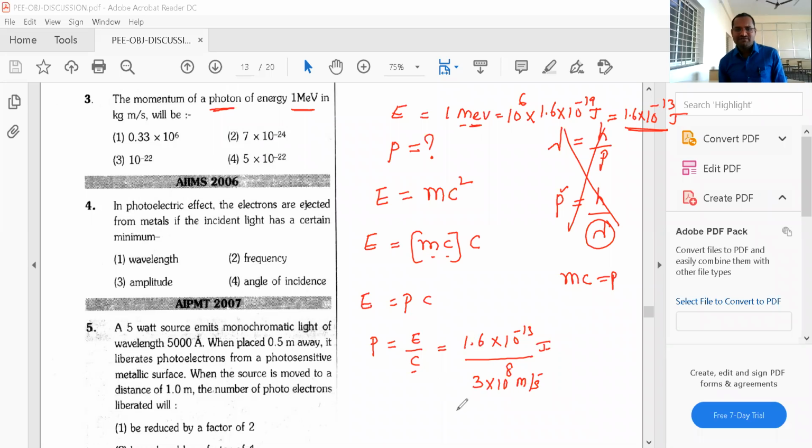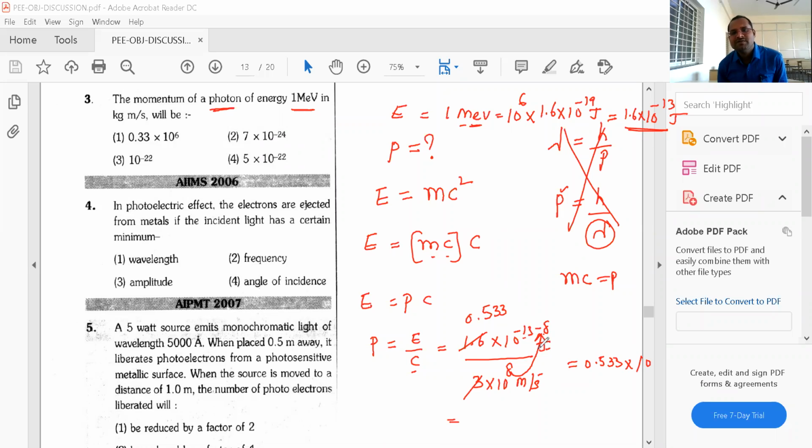1.6 divided by 3, how much? 3 ones are 3, 3 fives are 15, 1 is there. Because of the decimal, it becomes 0.533 into 10 to the power of minus 13, and the 10 to the power of 8 going upside becomes minus 8.